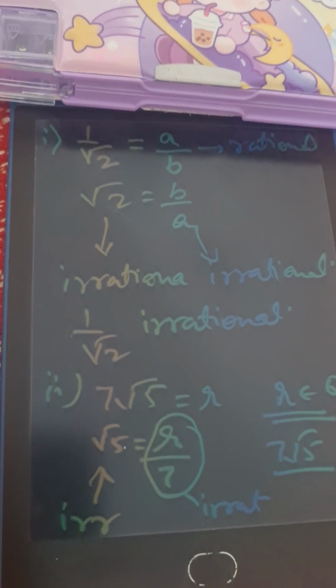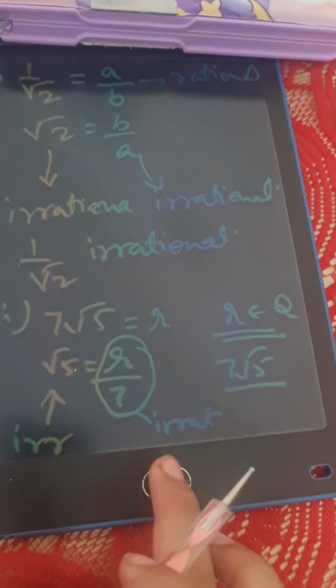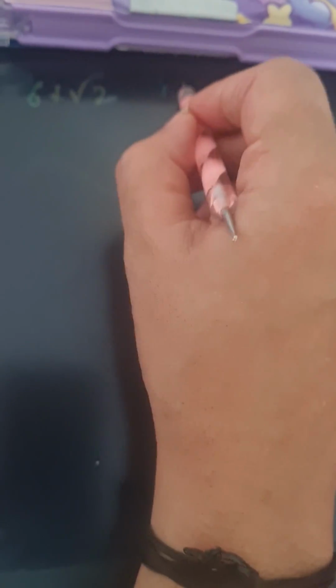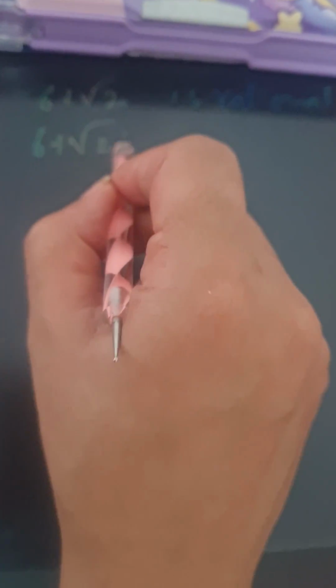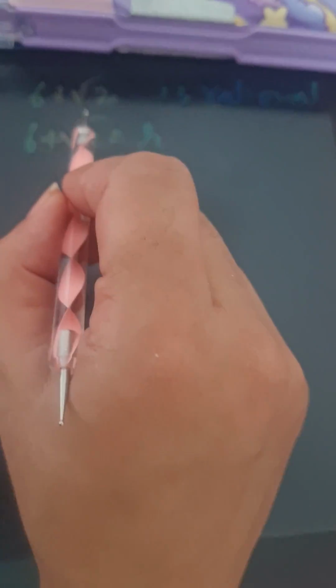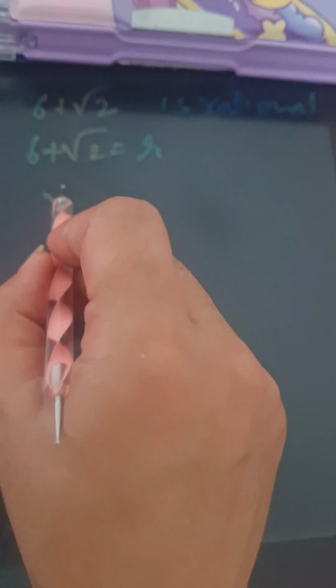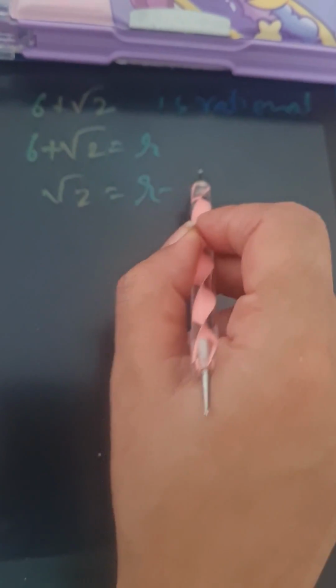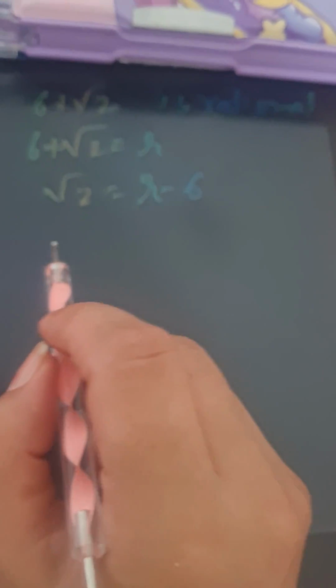Now for the third part, we need to prove that 6 plus root 2 is irrational. Let's assume 6 plus root 2 is rational. So 6 plus root 2 can be shown as r. Now root 2 is equal to r minus 6.